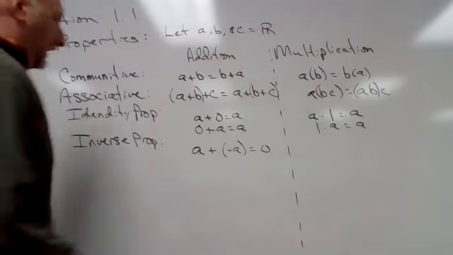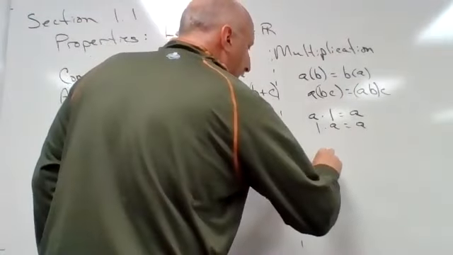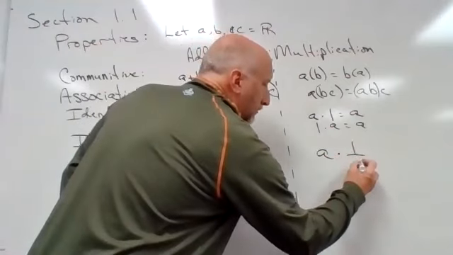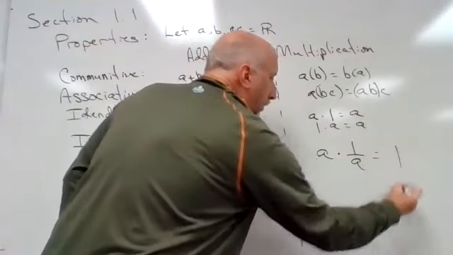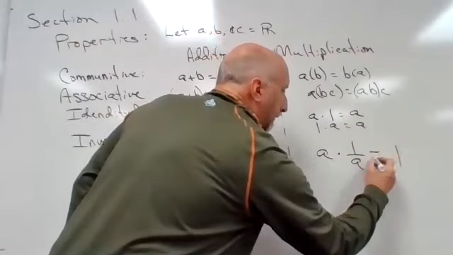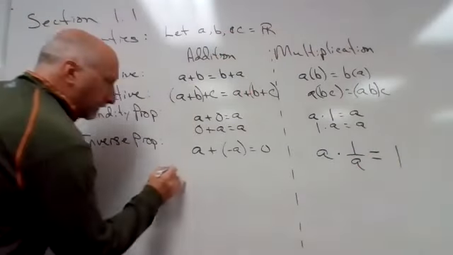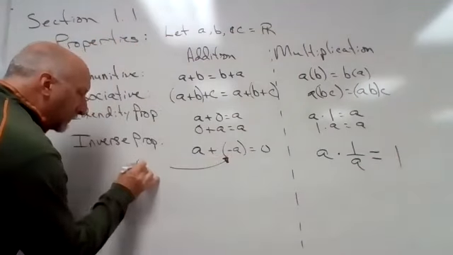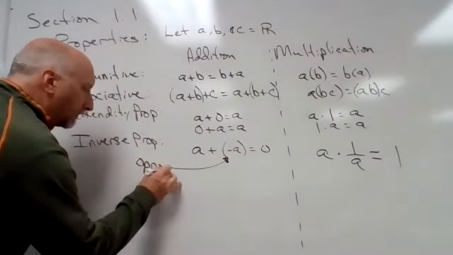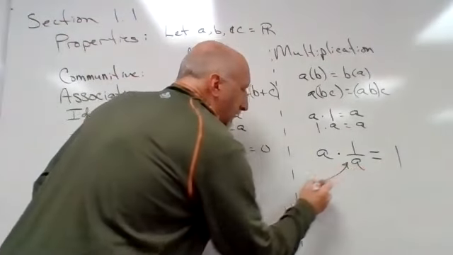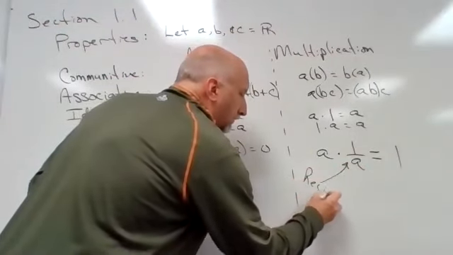When you multiply, if I have a number, I'm going to multiply by what we call its reciprocal to get 1. Okay? So there are some new terms here. This would be considered the opposite. And this, of course, we've seen before. That's called the reciprocal.